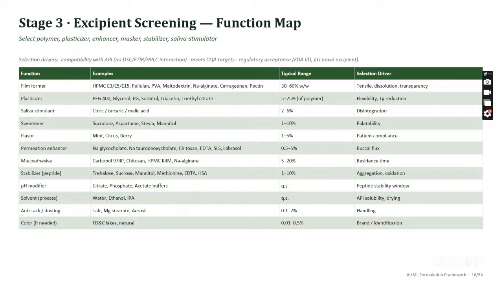Then for 20,000, how much will it come to? Accordingly, you should calculate the percentage and add it. All these things should be considered as the selection driver. Whether you are focusing on a particular flavor or a particular sweetener, these parameters should be considered, and you should know how much quantity is to be added in the formulation.